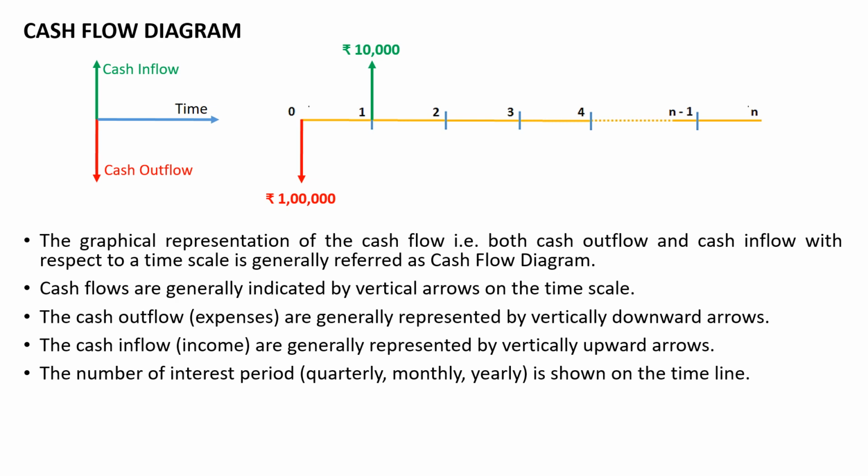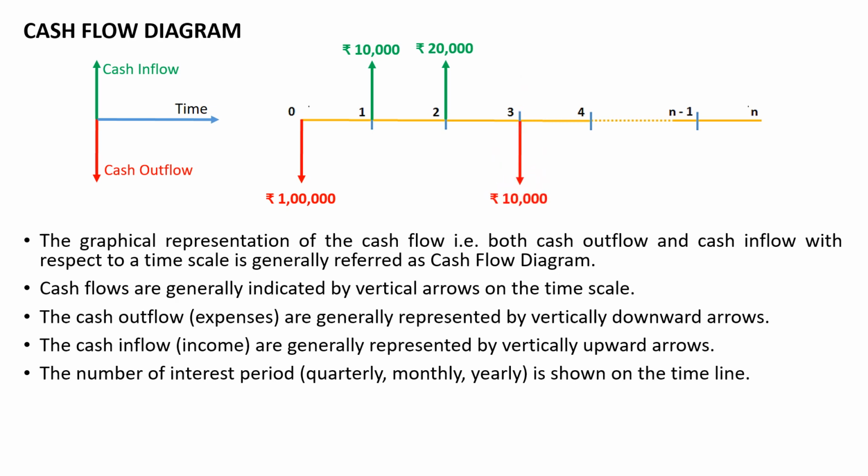At the end of first interest period, that could be either monthly, quarterly or yearly, there is a cash inflow of 10,000 rupees, which is represented by a vertically upward arrow. At the second interest period, again there is a cash inflow of rupees 20,000, which is again represented by an upward arrow.